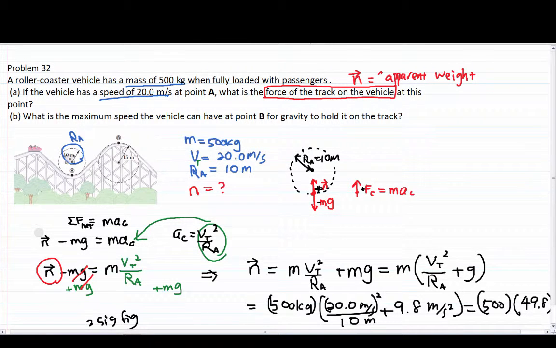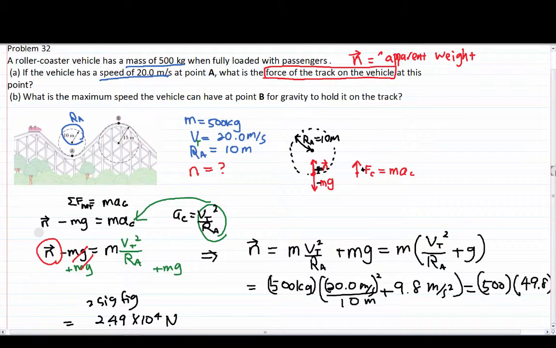I'm going to keep 2 sig figs. Your teacher should be able to accept 3 sig figs as well. So, 2.5 times 10 to the 4th newtons. I'm going to box our answer.